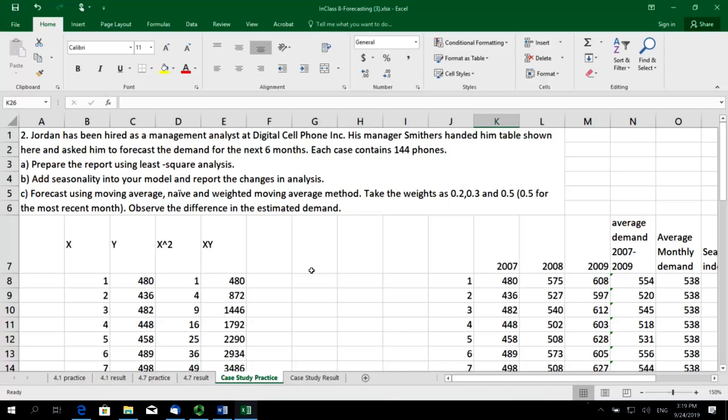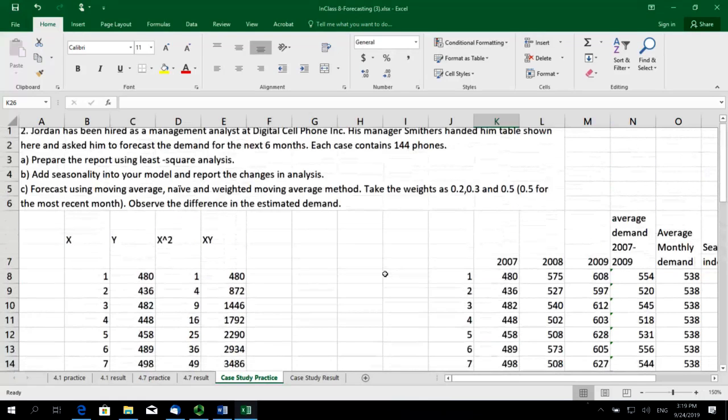B is add a seasonal variation into the model and report the changes in the analysis. And the last one is a forecast using moving average, naive, and weighted moving average methods. We are given the weights 0.2, 0.3, and 0.5. I want you to observe the difference in the different estimation methods.